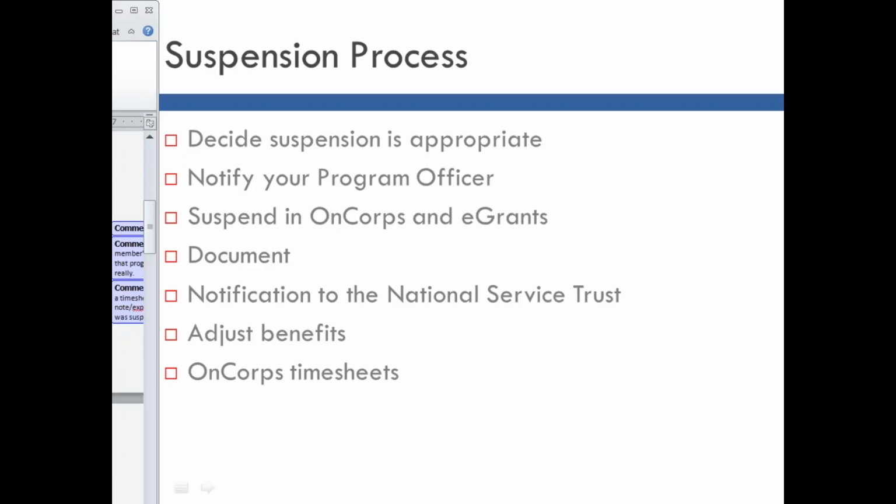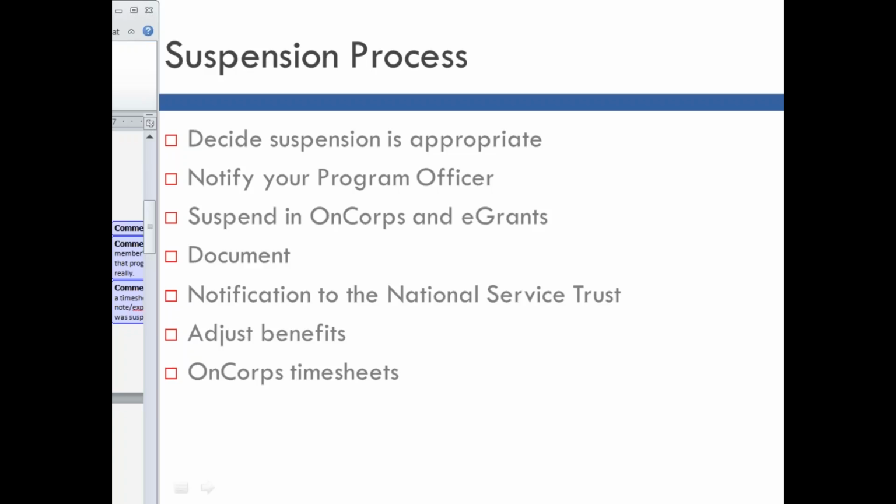Documentation is the next step in the process. That's broad, but I think really here what I'm getting at is you documenting the reasons behind the suspension in a way that makes it clear to an outside reviewer why the member is being suspended, and some of the decision-making processes that you went through to decide to suspend the member.